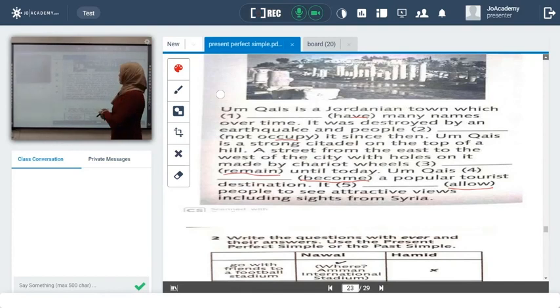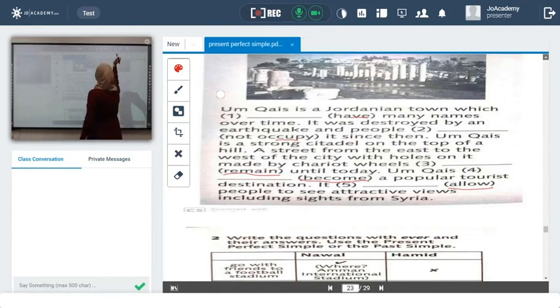Now let's do the exercise together. So we're talking about Qais. Qais is a city. So it is one city, and if we want to refer to it, we would say it. That means we're going to use the third person singular pronoun. So Qais is a Jordanian town which have. So what's the right answer here?